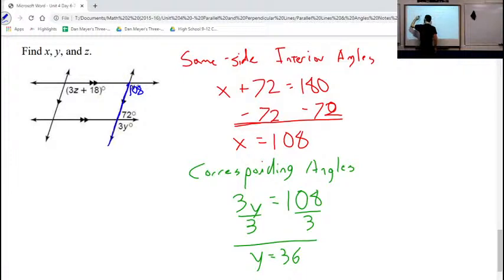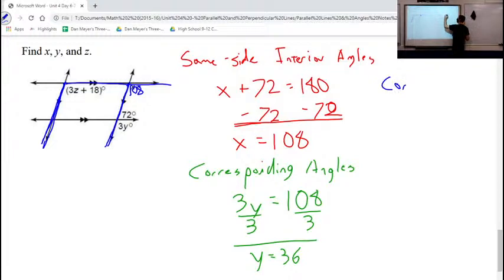Now to find z. So we need to use this line. Here's some parallel lines. Here comes my transversal slicing through them. And it's a bit harder to see the F shape, but it is there. Boom, boom, boom. You kind of turn it sideways a little bit.